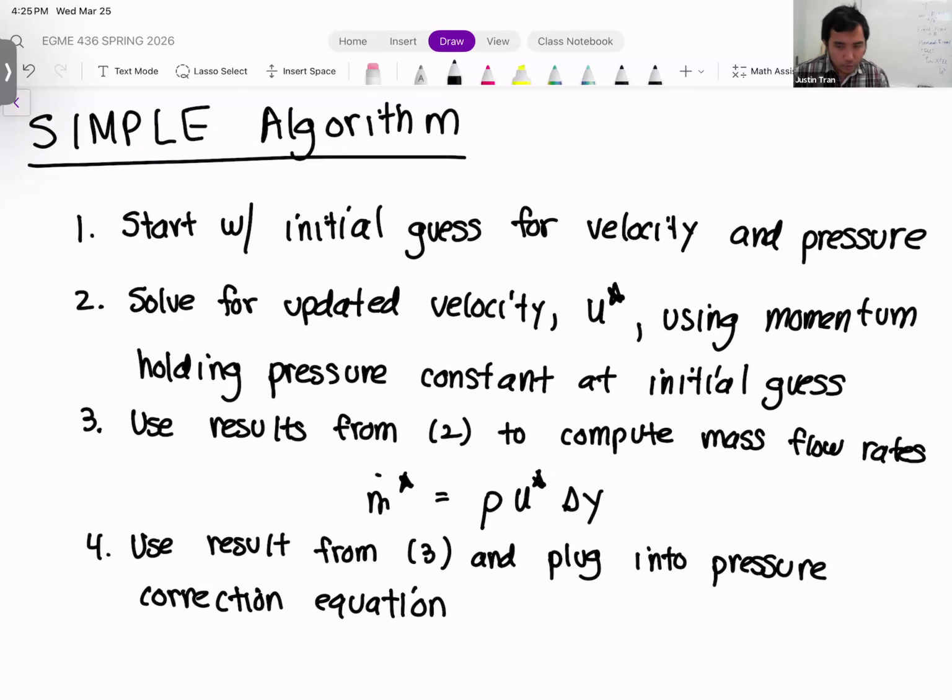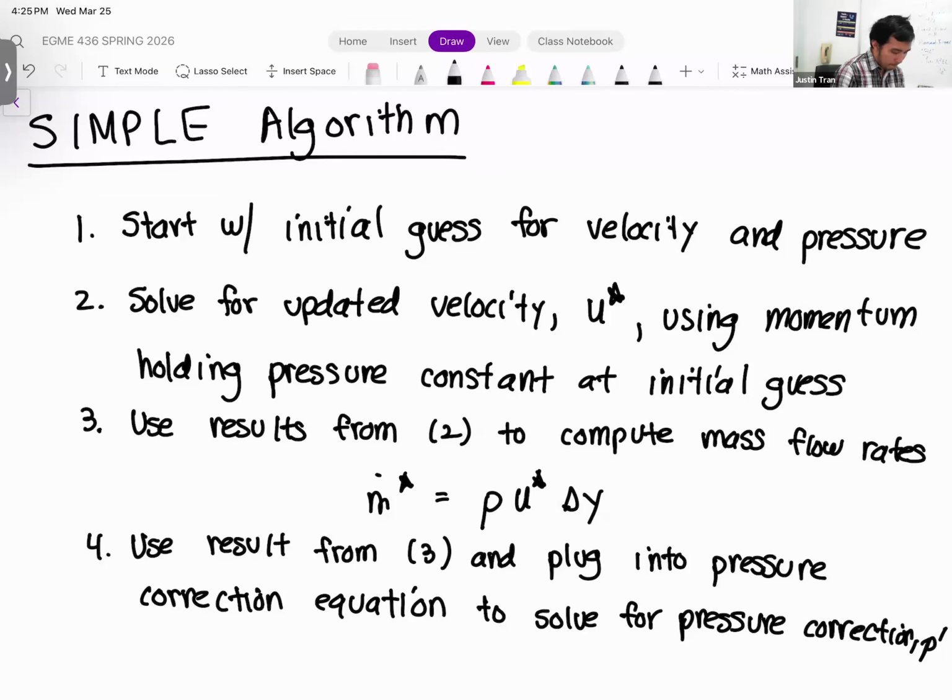That's going to allow us to solve for the pressure correction, which we'll call P prime.